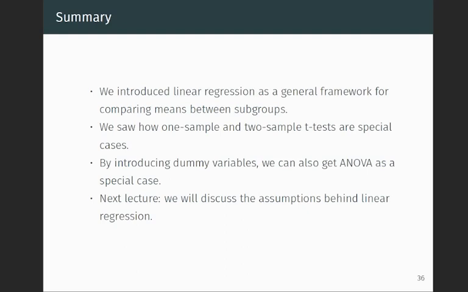And then by introducing dummy variables, in the end what we essentially got is ANOVA as a special case of linear regression. So linear regression, you can think of it as a more general framework that subsumes all of those different methods. And in the next lecture, we'll discuss the assumptions behind linear regression, and we'll talk about how to assess those assumptions using residual analysis.